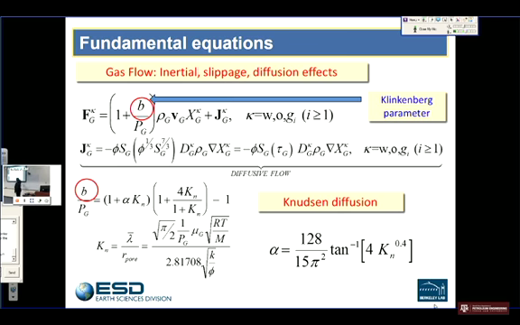And what we show over here is how this is computed. Now, this lambda is the mean travel path of a particular molecule.